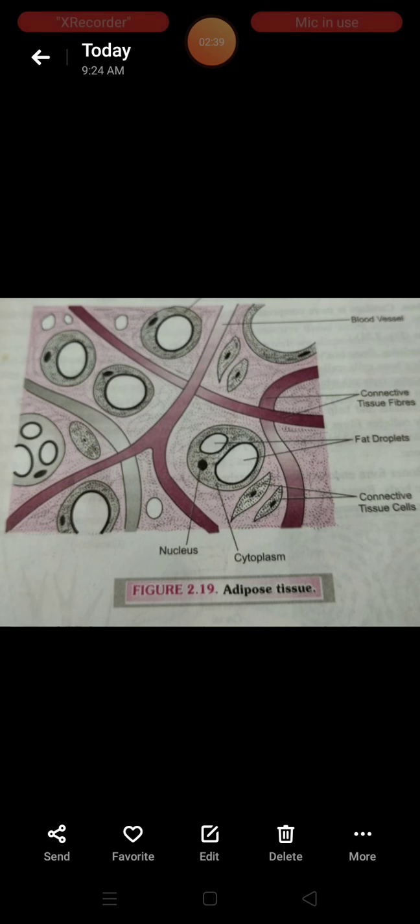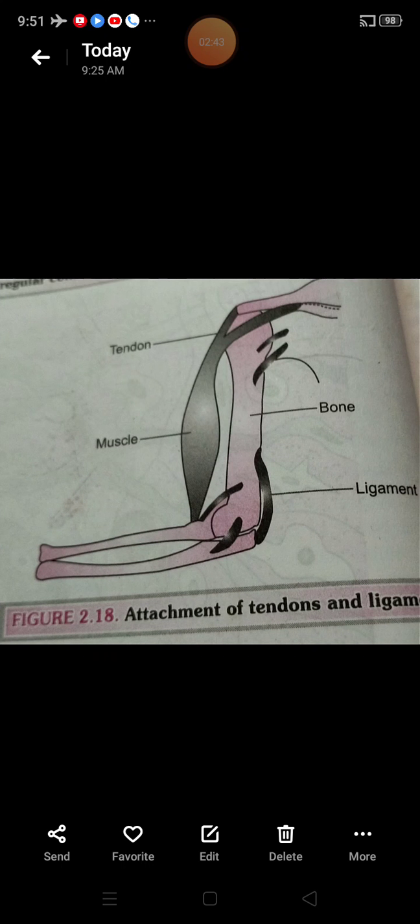Our next connective tissue is the ligament and tendon. In ligament and tendon, protein fibers and cells are densely packed, and it provides elasticity and flexibility.